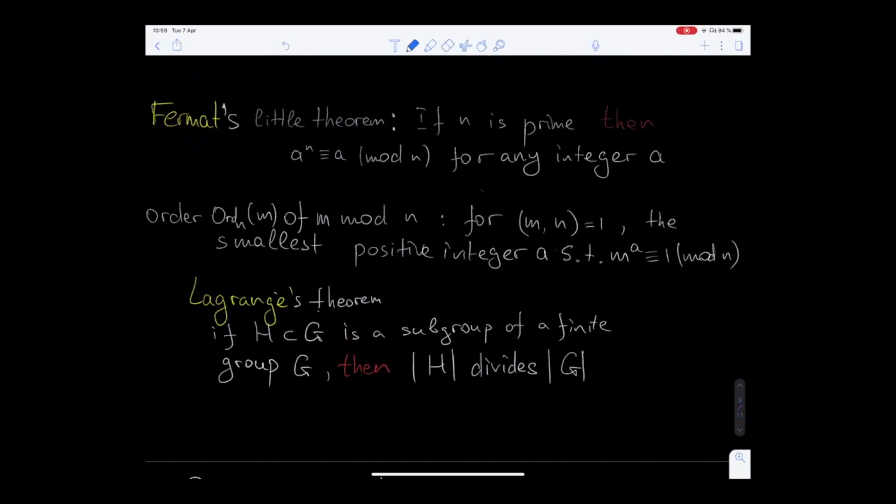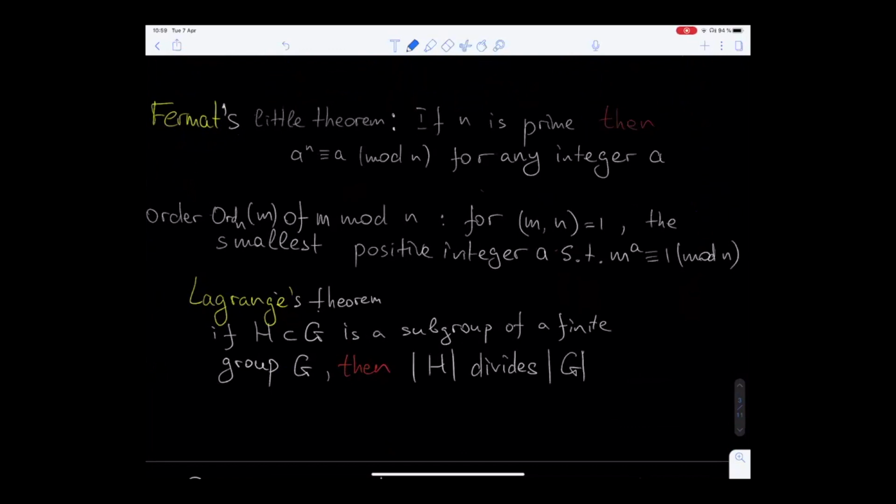So now I'll give you a couple of results from elementary number theory and group theory. Maybe I should have given them just before the testing that primes are in NP. But anyway, these are the things that we essentially used above. One thing is Fermat's little theorem.